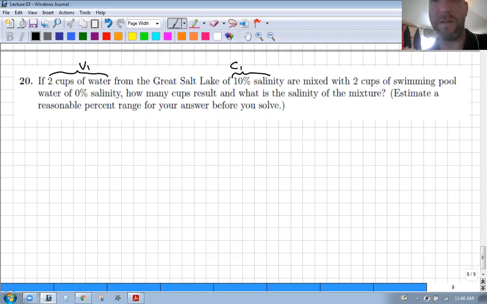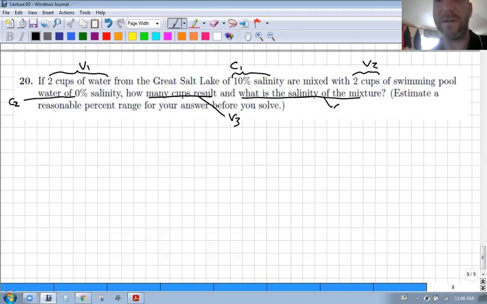It's mixed with 2 cups, that's our V2, of swimming pool water of 0% salinity. So swimming pool water has 0 salt, so that's our second concentration. How many cups result? That's our V3. And what is the salinity of the mixture? That's our C3.